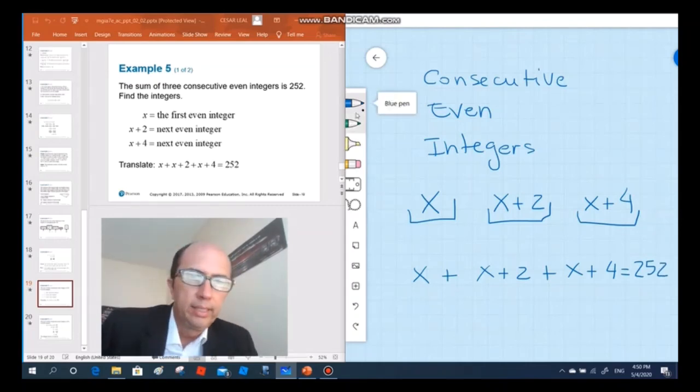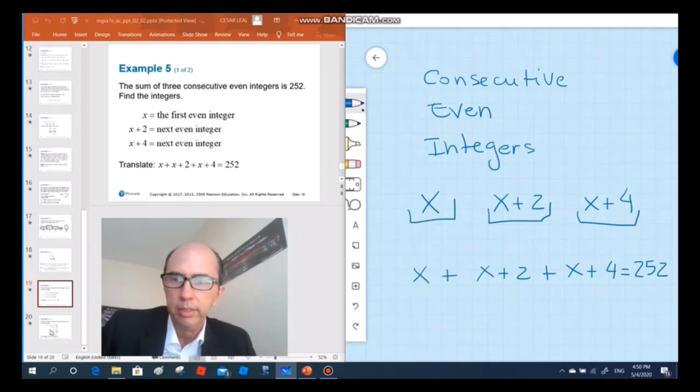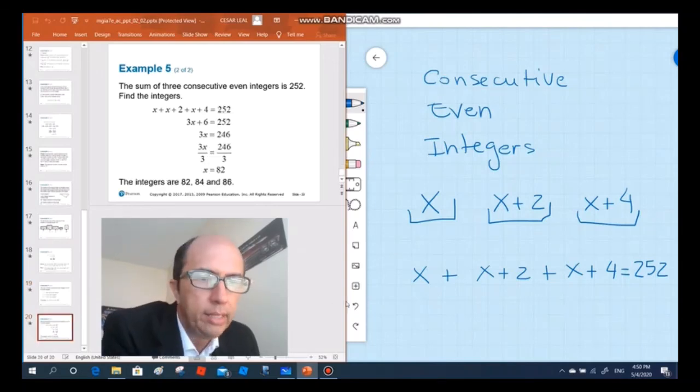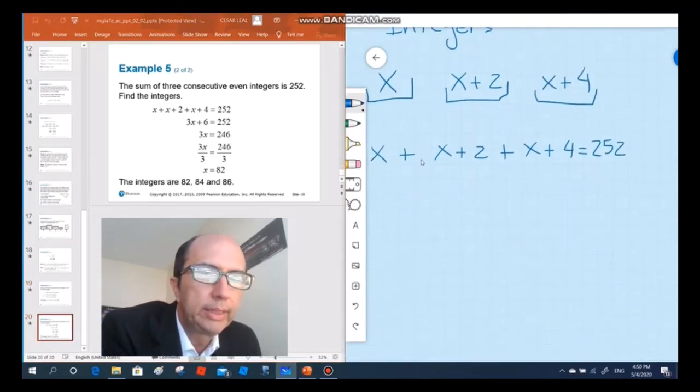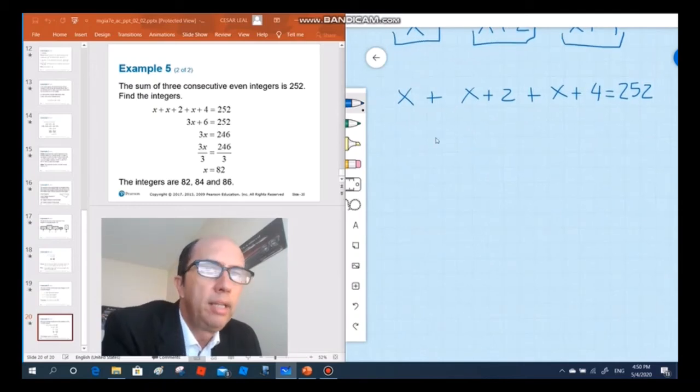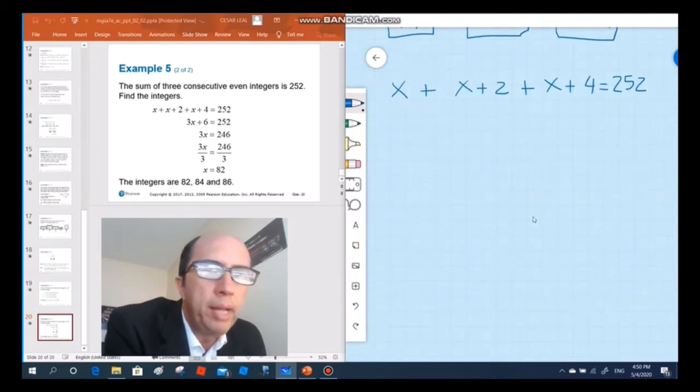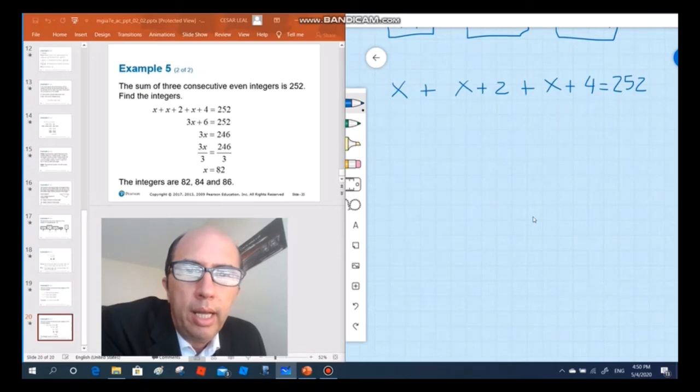We translated, we understood the problem, we translated into an equation. Now let's solve the equation. And we're gonna solve the equation by simplifying, applying addition property, applying multiplication property.